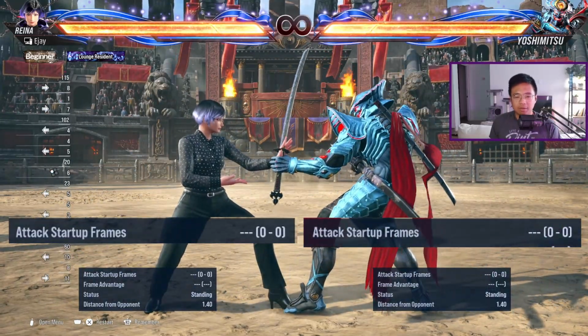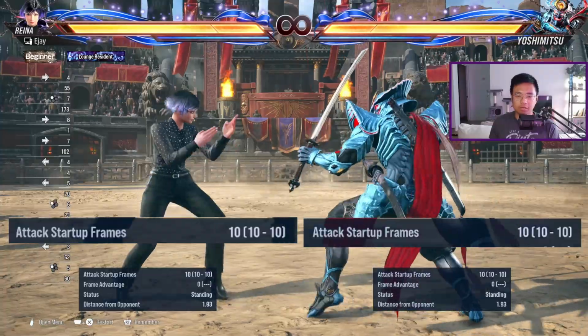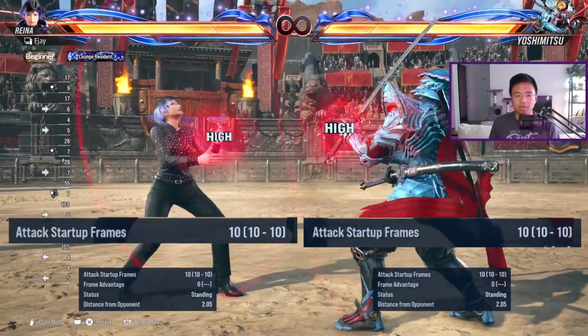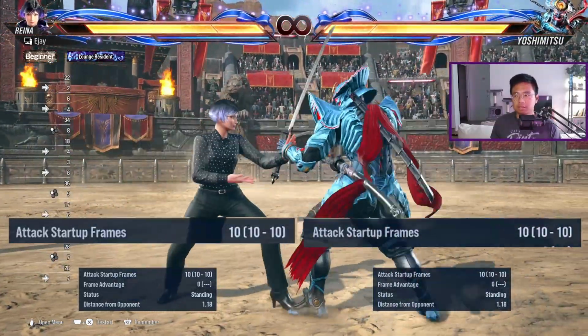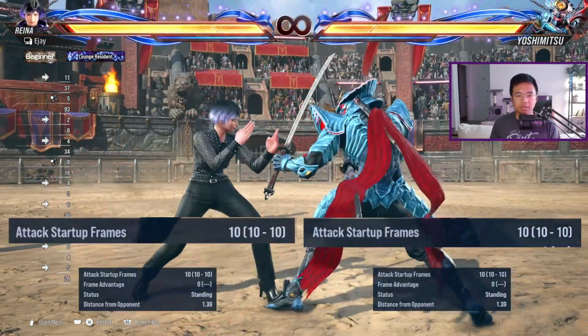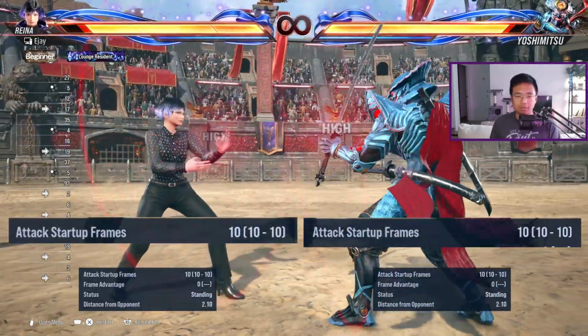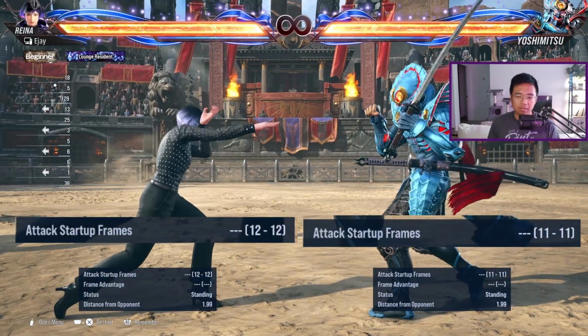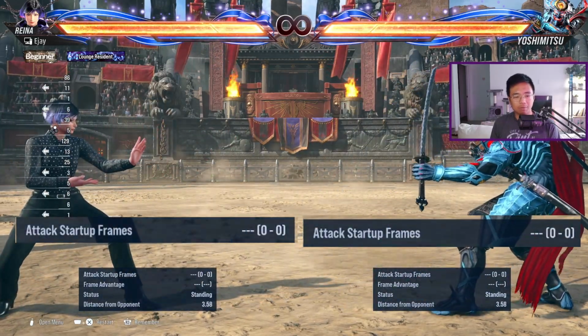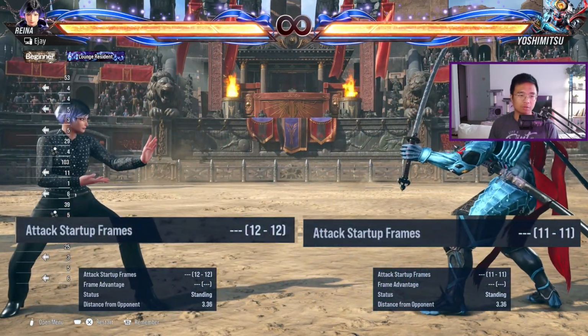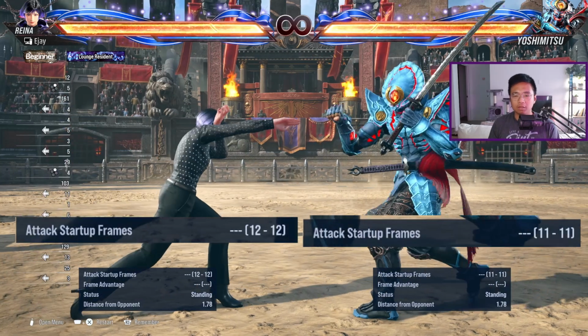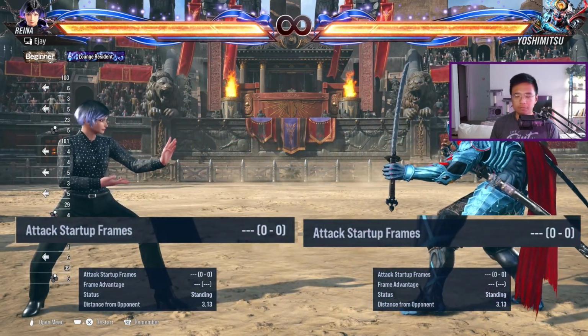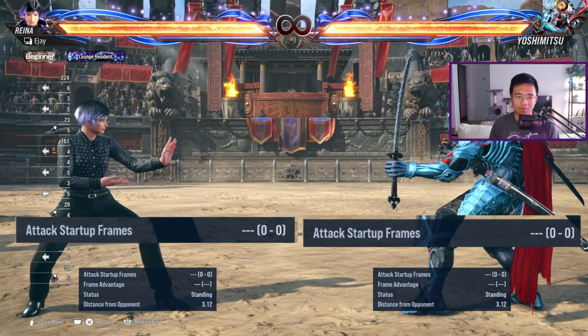If I hit them when they're close together, you can see that they trade. That's because these moves are the same number of frames, so they trade and hit each other. Now, if I do their two jabs, you can see they have different properties. Reina has 12 frames for her two jab, while Yoshimitsu has 11 startup for his two chop.